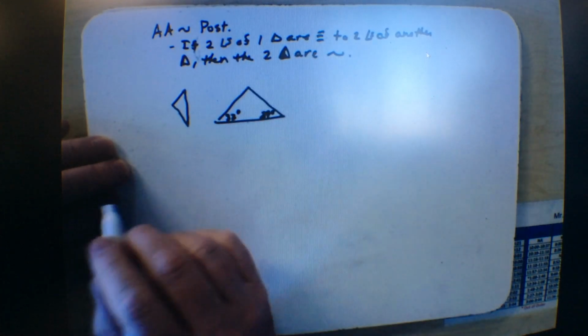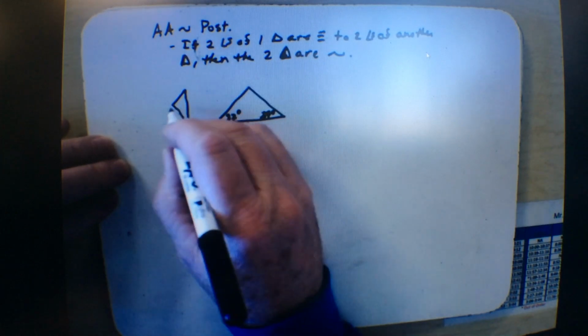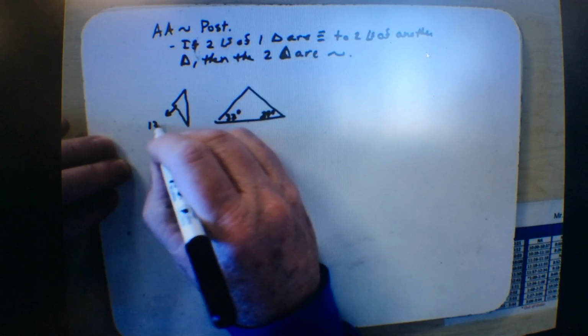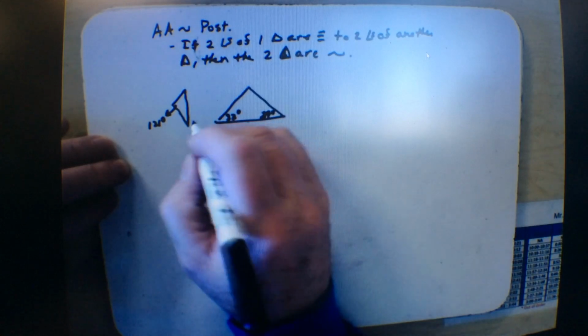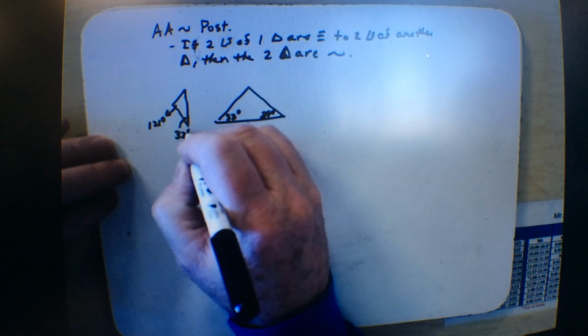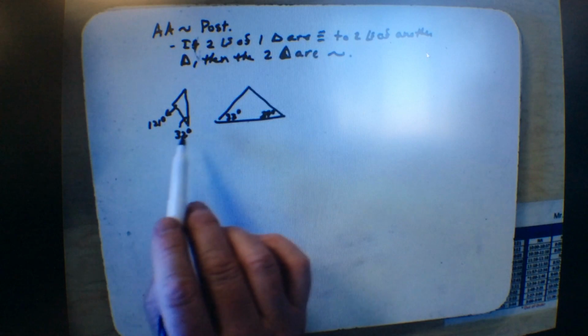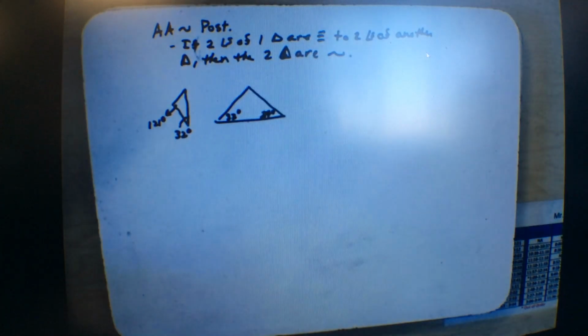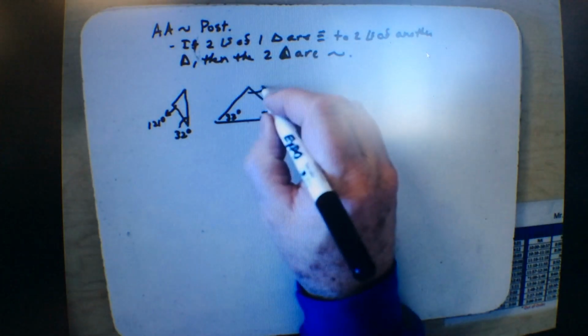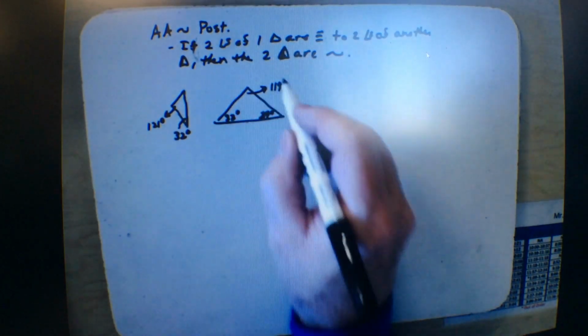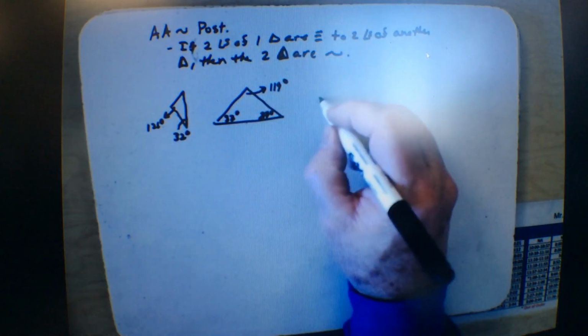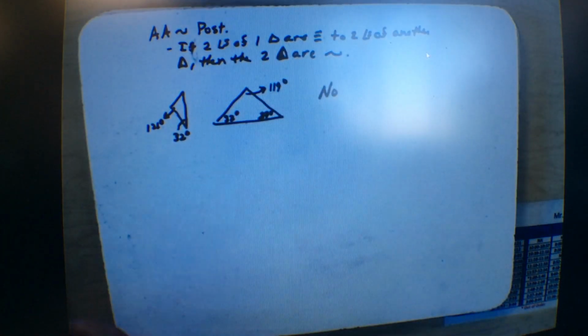This one is 121 degrees, and this one is 32 degrees. Now, if you add up these two, 32 plus 29 equals 61. And taking that from 180, this is 119 degrees. That is not the same as that. So no, these are not similar. So there's a case where they're not similar.